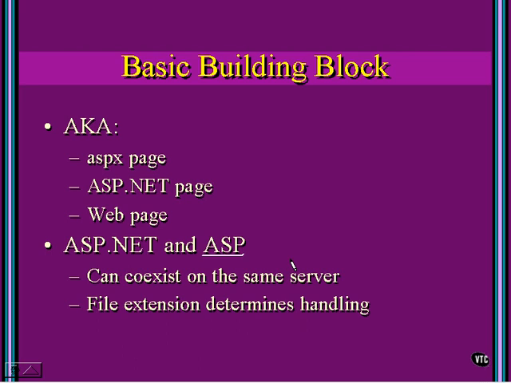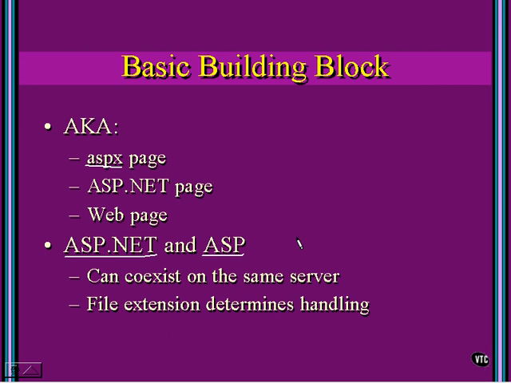If it has an ASP extension, then the ASP interpreter that's part of the operating system, Windows 2000 or XP, grabs that ASP, interprets it line by line, and sends it out. And then if it sees ASPX, then of course the ASP.NET portion picks it up, compiles it, and then renders it and sends it back out to the client. So the file extension determines the handling, and these can coexist on the same web server with no problem whatsoever.